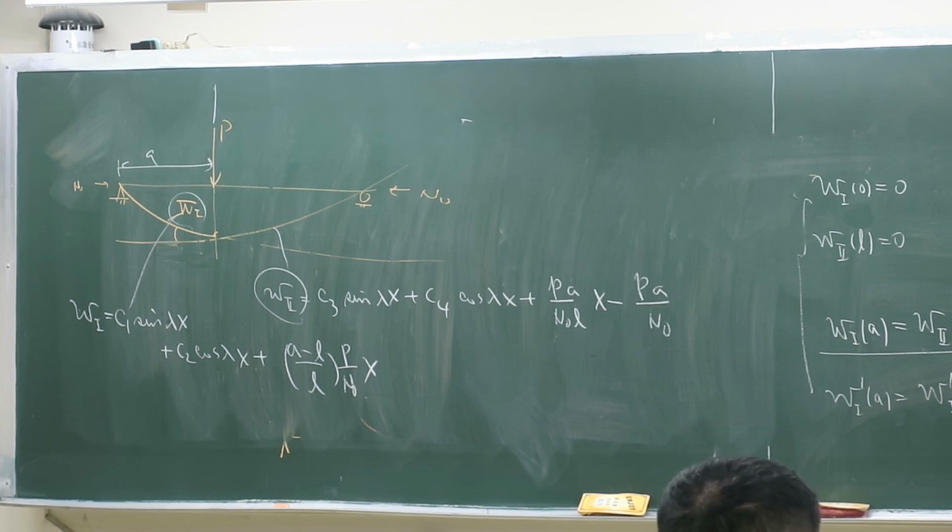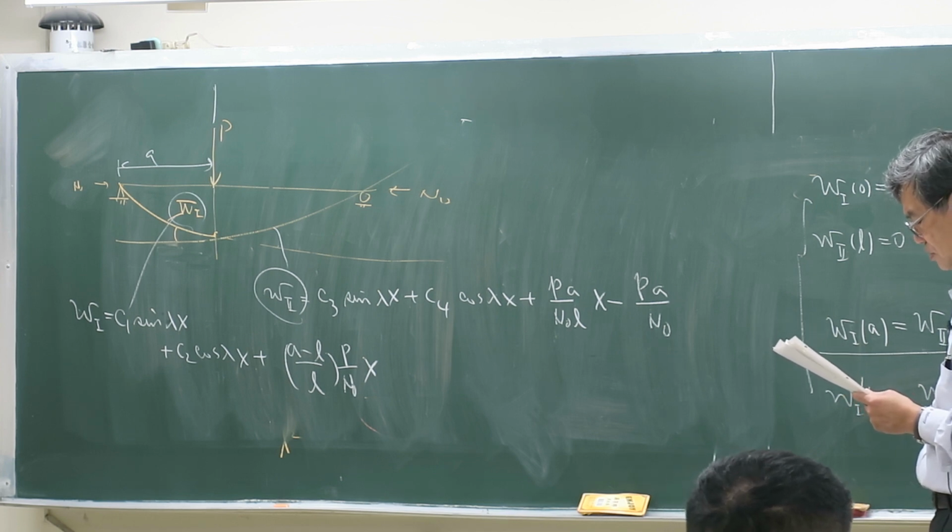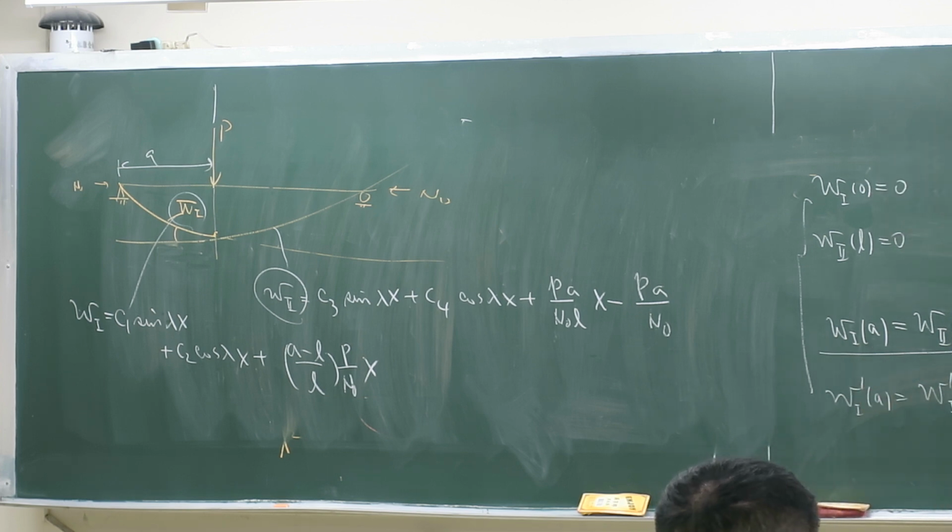C3 equal to minus P over N0, sine lambda A cosine lambda L over lambda sine lambda L. Okay, and C4 is P over N0 sine lambda A sine lambda L over lambda sine lambda L. Okay?